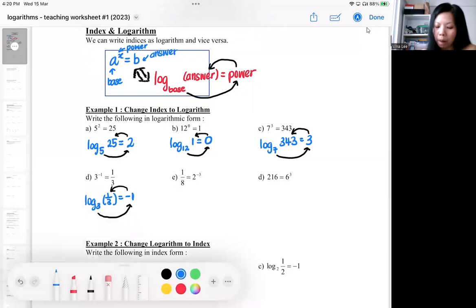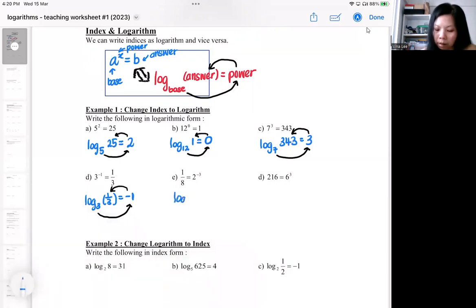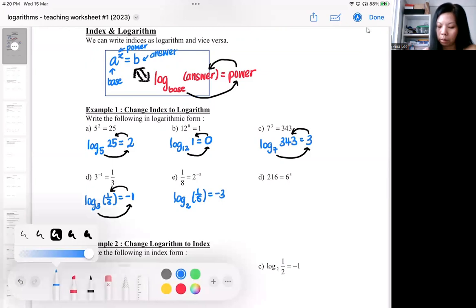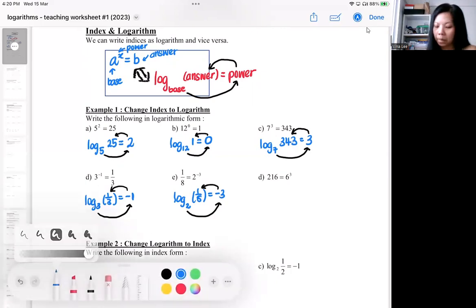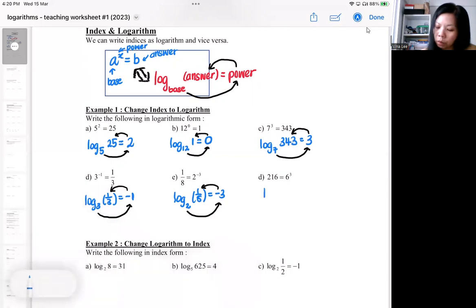1/8 is 2 to the power of -3. The base is 2, the answer is 1/8, the power is -3. So 2 to the power of -3 is giving me 1/8. Okay, 6 cubed equal to 216.